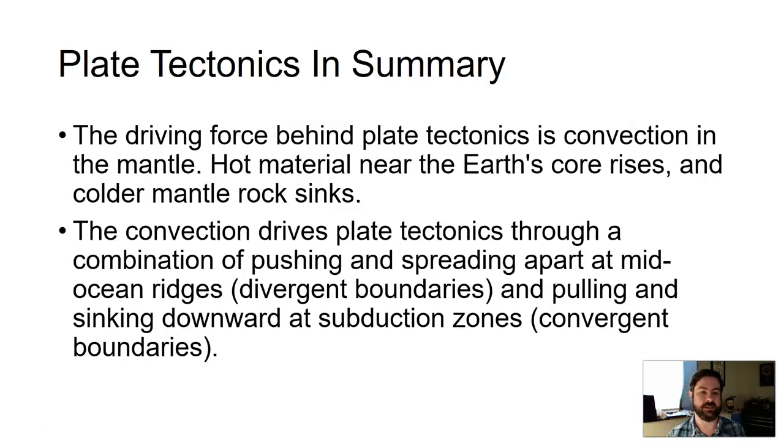That's what's driving plate tectonics. This mantle convection process drives plate tectonics through a combination of either pulling crust apart, which is known as divergent boundaries, more in that next section, or sinking downward and crashing things together at places called convergent boundaries. More on that in the next section.